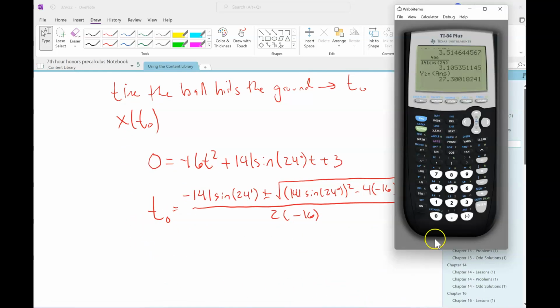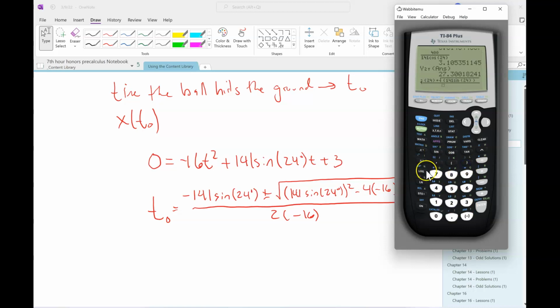So I'll go to our calculator. Here, I definitely want to use that fraction command because that'd be a lot of parentheses to keep track of. So I have negative 141 sine 24. Now with the plus or minus, I just have to do one at a time. I'm going to do once as a plus, and then I'll do it again with a minus. So 141 sine 24.